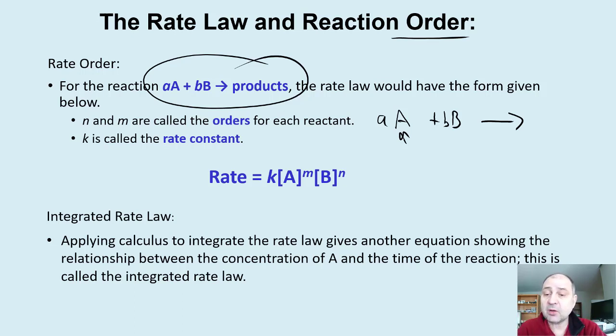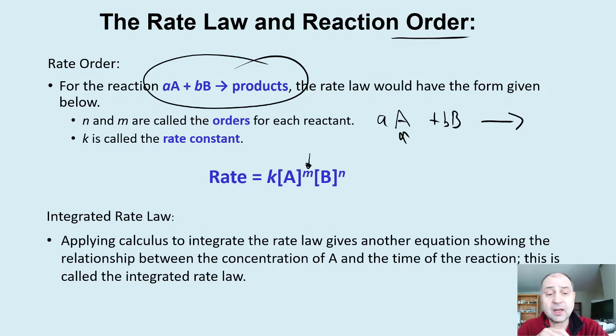That would be called zero order, and then it can have first order or second order, and that is simply expressed by the superscripts next to the concentration of these reagents, to the m power, to the n power. For example, if there's no effect of the concentration on the rate, then m for A becomes 0, and so it has no effect on the reaction rate.